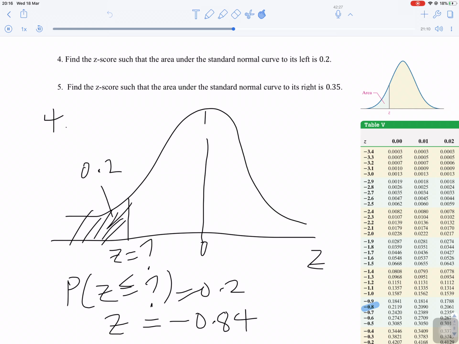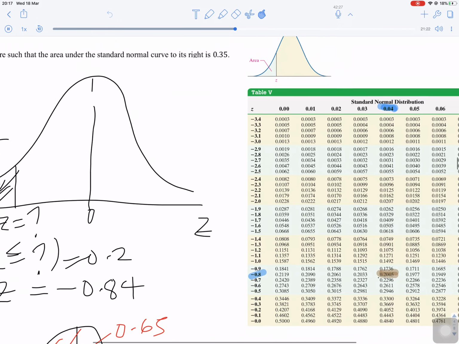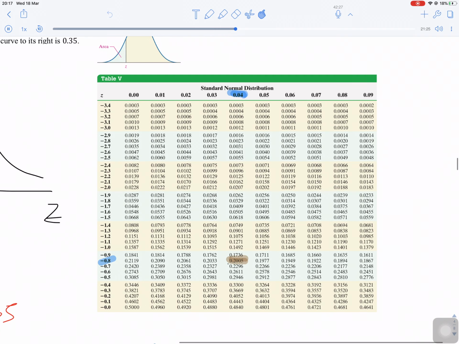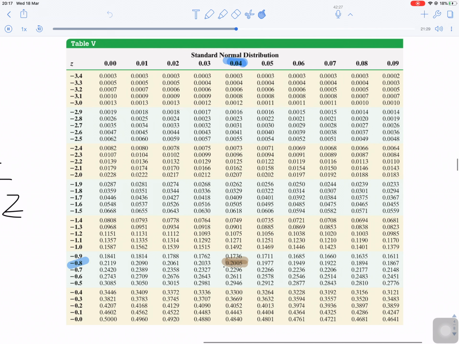So how do we find that from the standard normal table? This time around, we are going to start off from the area because that is what we are given. So we look in the table and see where the area 0.2 occurs. When you look through the table, you may not see exactly 0.2, but you may see a value close to that. Now, you realize that we have 0.2005 and also 0.1977. By looking at this, the closest is 0.2005.